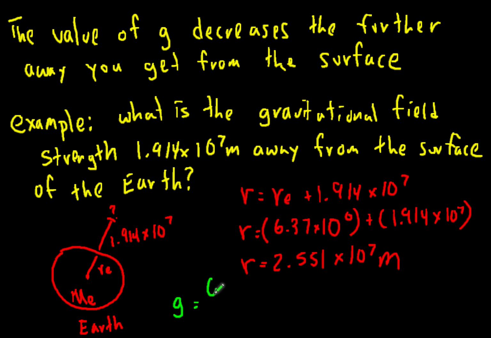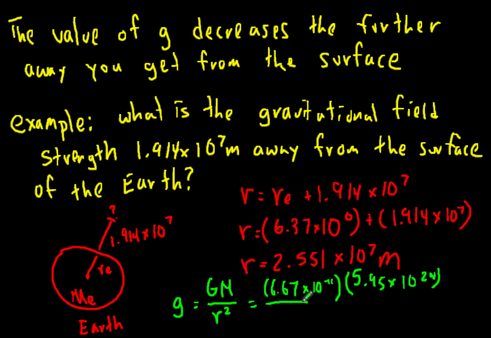The gravitational field strength at this distance is GM divided by the distance squared, which is 6.67 times 10 to the negative 11 times the mass of the Earth, which is 5.95 times 10 to the 24 kilograms, divided by the radius, which is 2.551 times 10 to the 7 squared, which gives us a gravitational field strength at this distance of 0.61 meters per second squared.